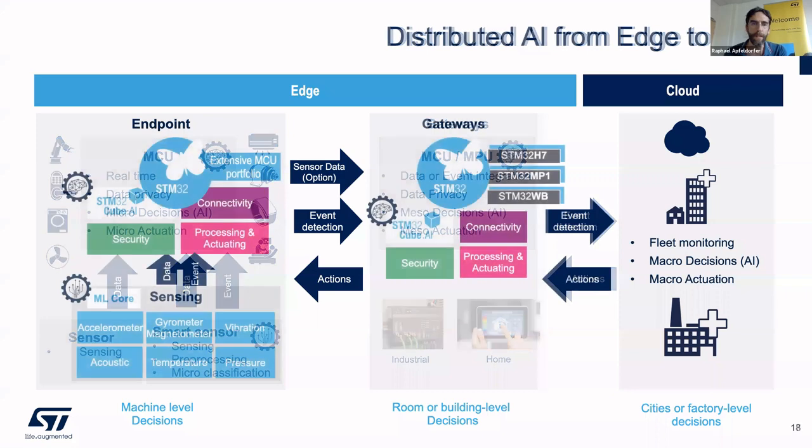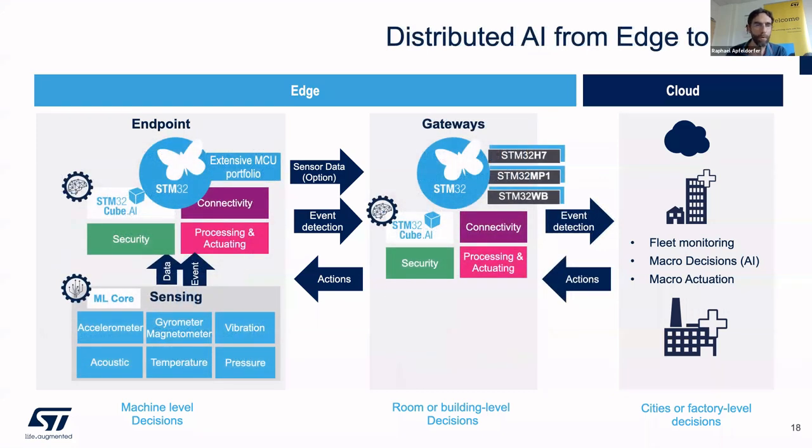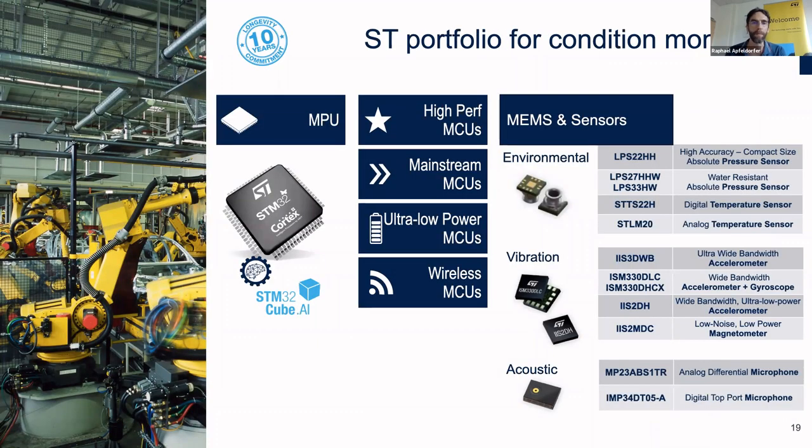Next, in ST, we have a portfolio that covers all of these different industrial use cases for both the endpoint and industrial gateway. We have a range of sensors for basic variable acquisition as well as smart sensors. And on the MCU side, we cover different things like AI, connectivity, security, or general processing requirements for your data.